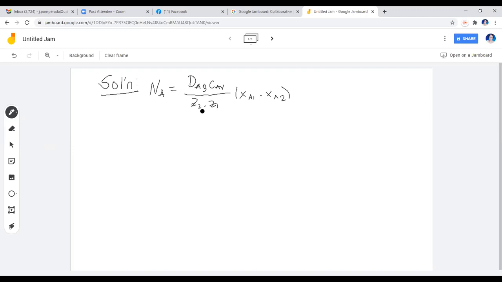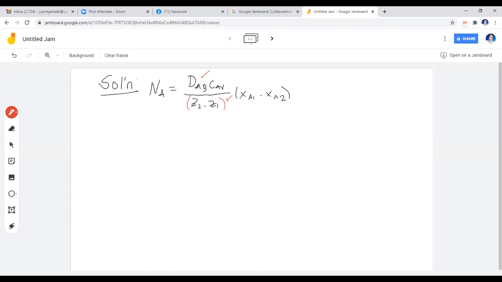Now the problem gives us the diffusivity, so we have this already. As for the average concentration, we don't have it yet. As for the Z2 minus Z1, it is stated in the first statement that the film is 2 mm thick, so that gives us already this difference.